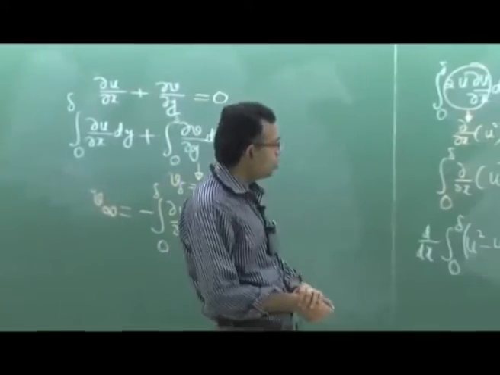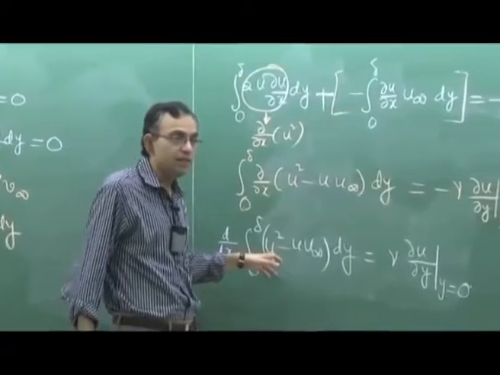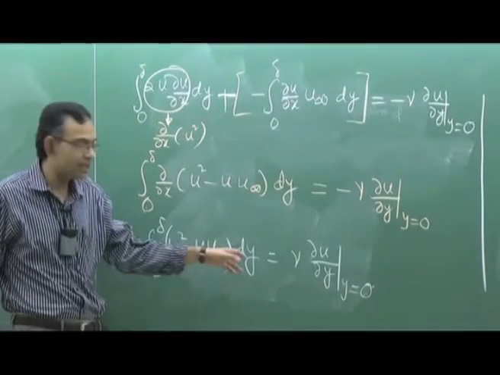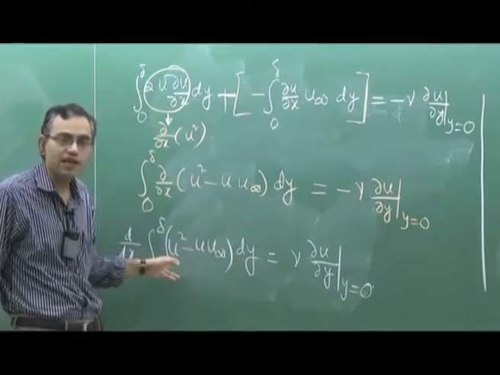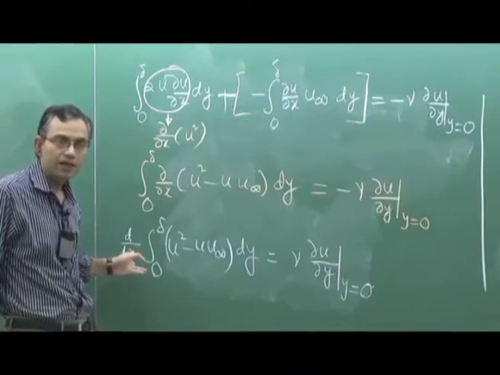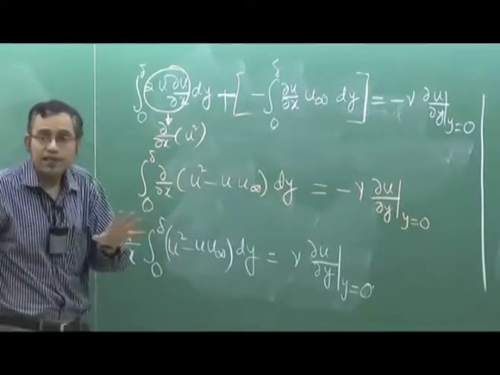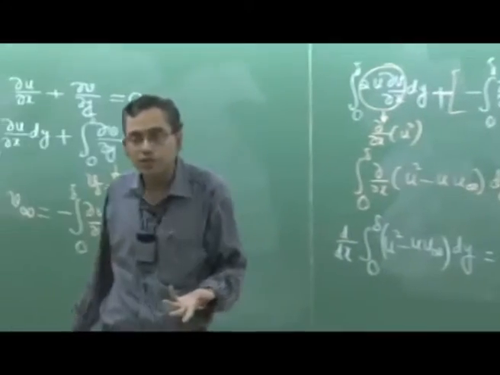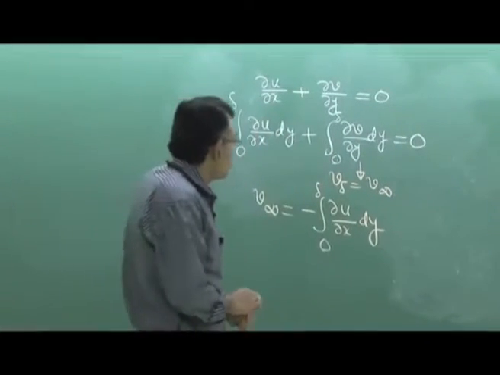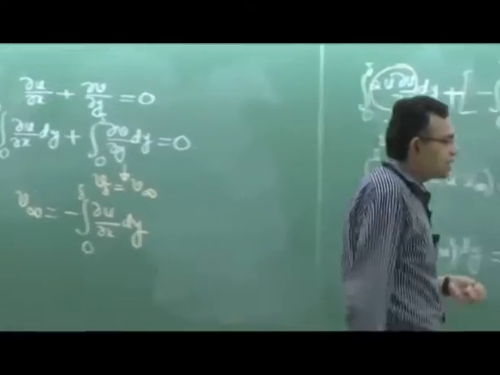You will be able to know the wall shear stress if you know how u varies with y, because then you do this integration and then differentiate this, right. So the question is, we do not know how u varies with y, but what kind of variation is expected?